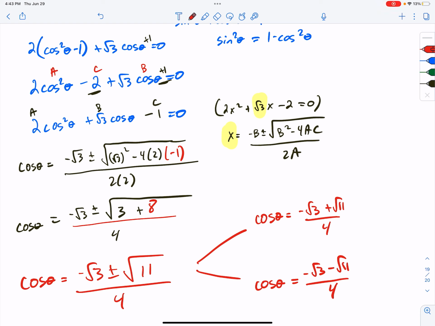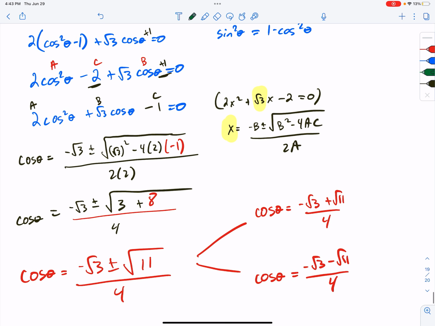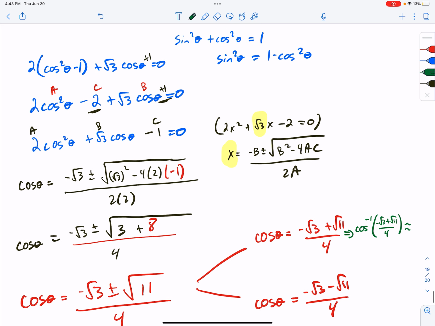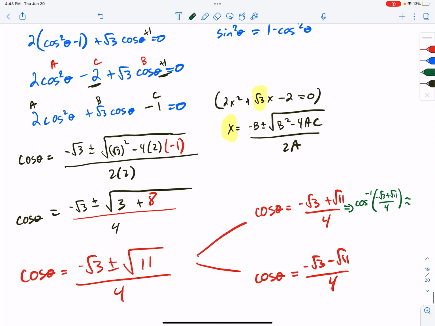I'm still thinking back to make sure I have this correct. Something doesn't seem right here. But what we want to do is type this into the calculator. We're going to do cosine inverse of negative root 3 plus root 11 divided by 4. And that'll give us an angle, and we want to make sure we're in radians.